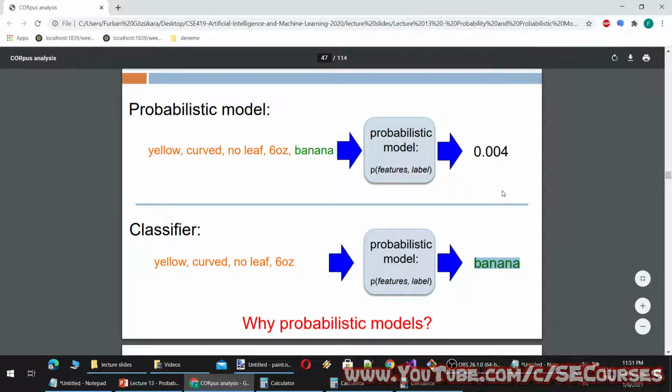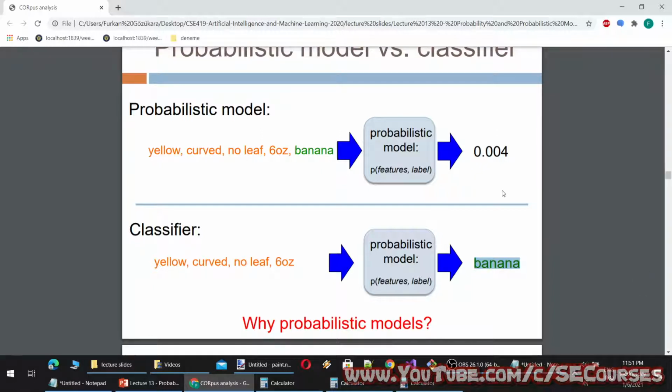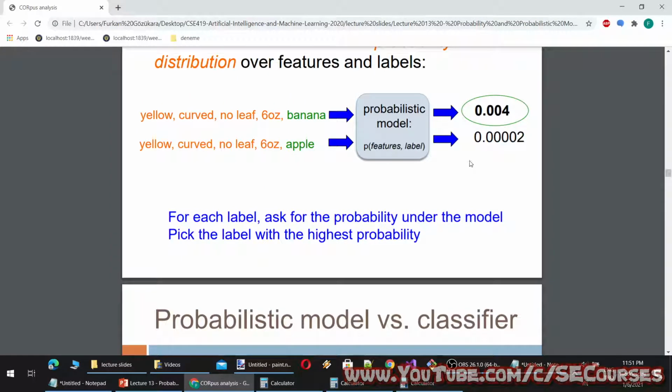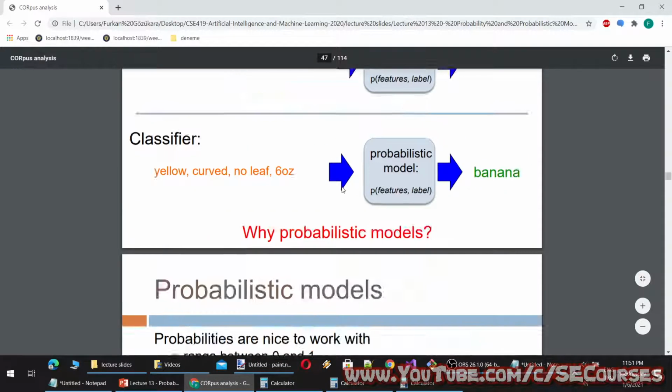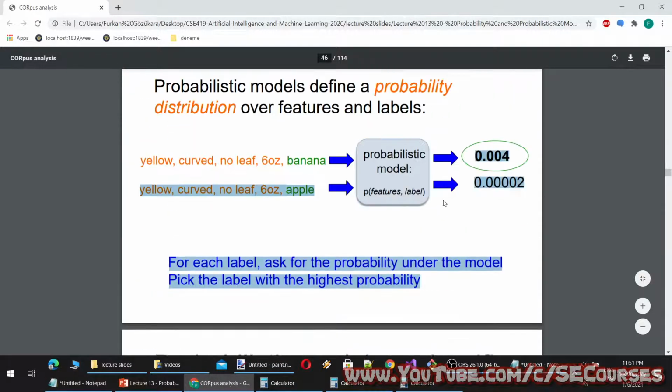If it is one time, maybe this classifier is very slightly picking the side of banana, but I won't know it. However, when we use a probabilistic model, I will be able to tell that this is 200 times more likely to be banana than apple. You see the difference? This is much more clear and easy to evaluate and understand. So this is the benefit of a probabilistic model.